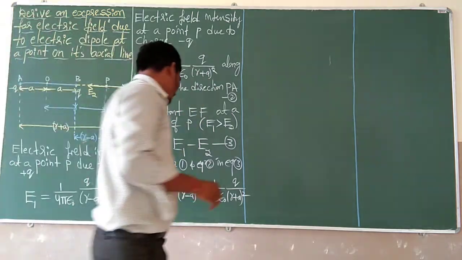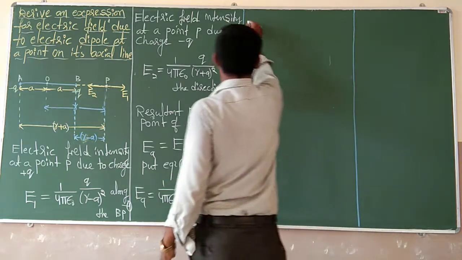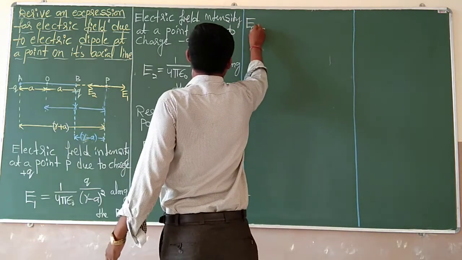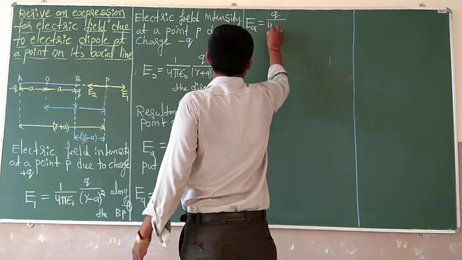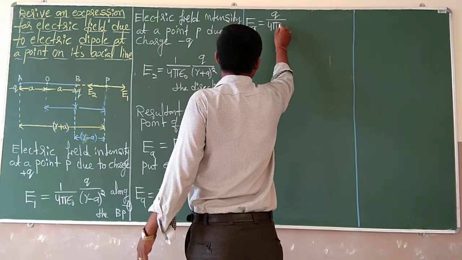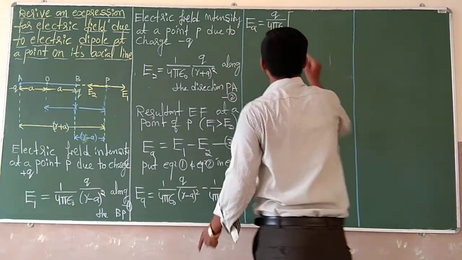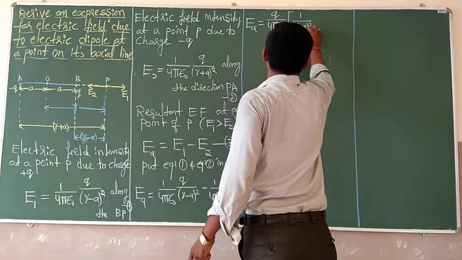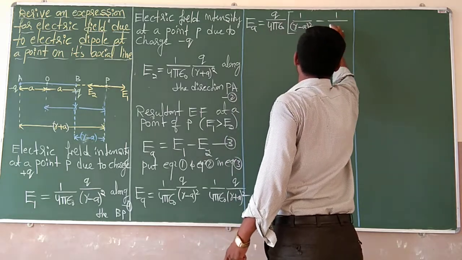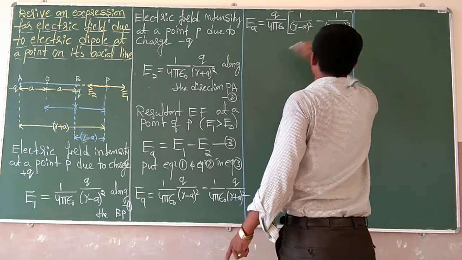Taking Q by 4 pi epsilon naught common outside, EA is equal to Q by 4 pi epsilon naught, remaining is 1 by (r minus a) whole square minus 1 divided by (r plus a) whole square.